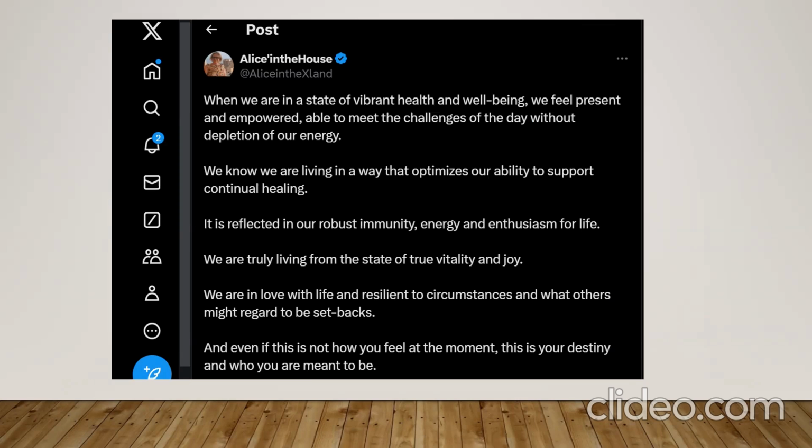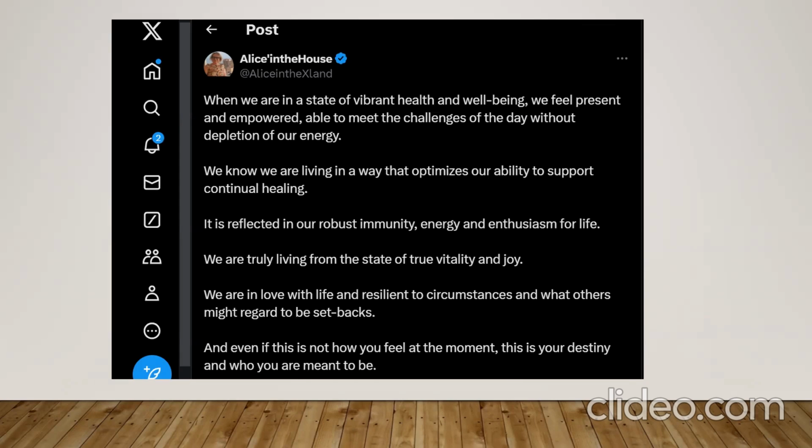By Louise Hay, it's written here, "When we are in a state of vibrant health and well-being, we feel present and empowered, able to meet the challenges of the day without depletion of our energy. We know we are living in a way that optimizes our ability to support continual healing.